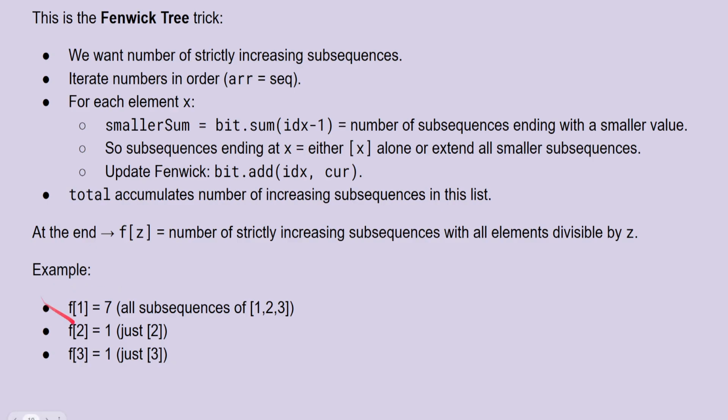For example, f of 1 is 7, because all subsequences are divisible by 1. F of 2 is 1, because this is just 2. F of 3 is 1, because it is just 3, like that.